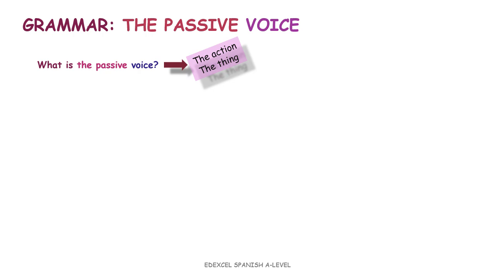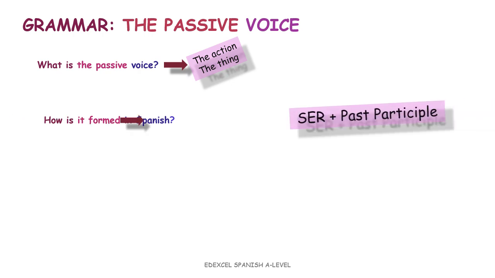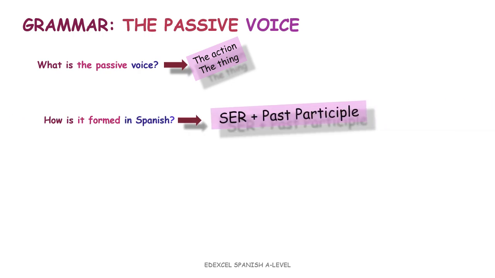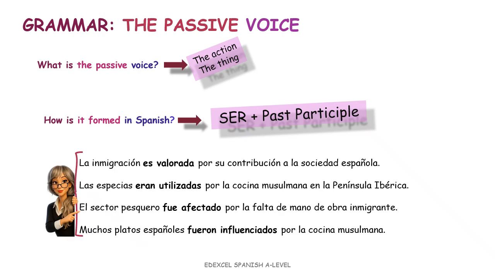The passive voice in Spanish is formed with the verb "ser" plus a past participle. This past participle must agree in gender and number with the noun it refers to. Notice it in the examples. "La inmigración es valorada por su contribución a la sociedad española", or "las especias eran utilizadas por la cocina musulmana en la península ibérica".